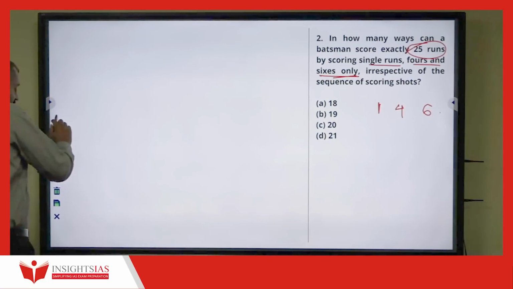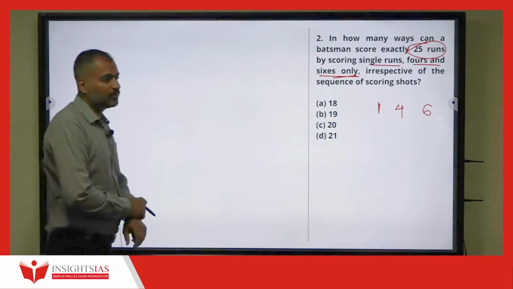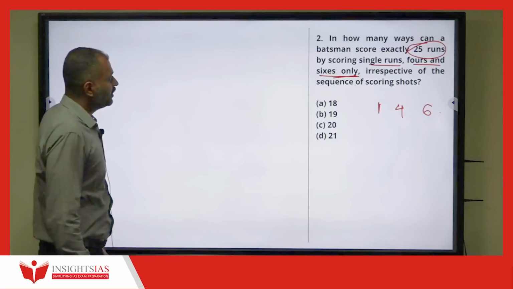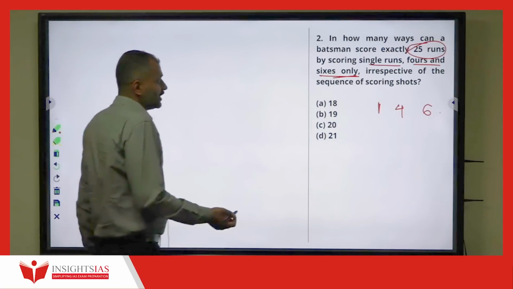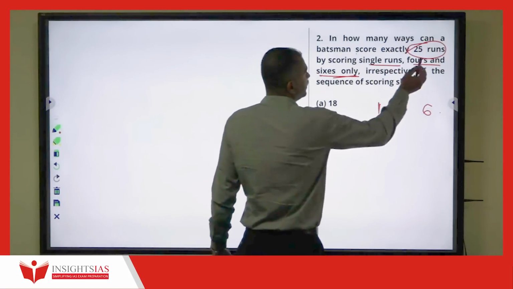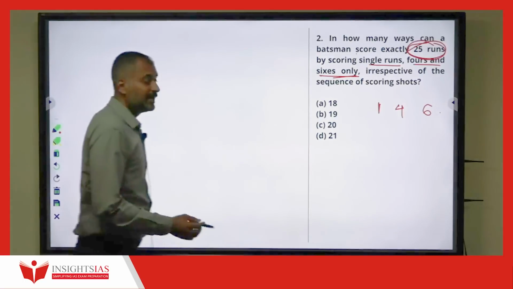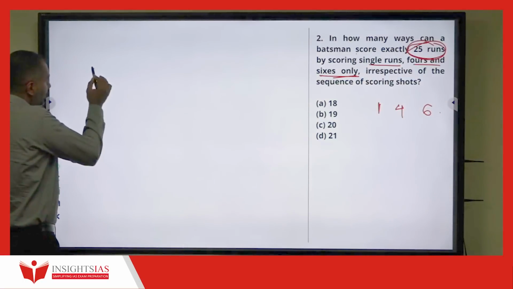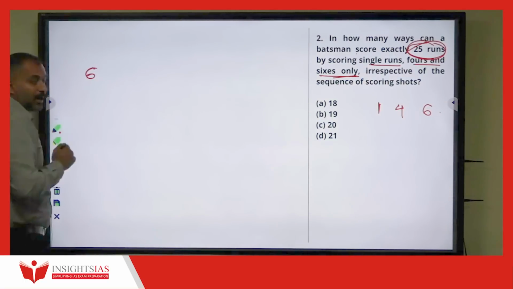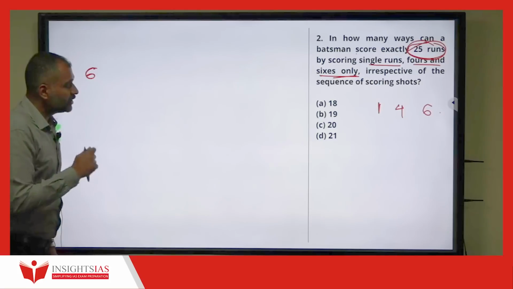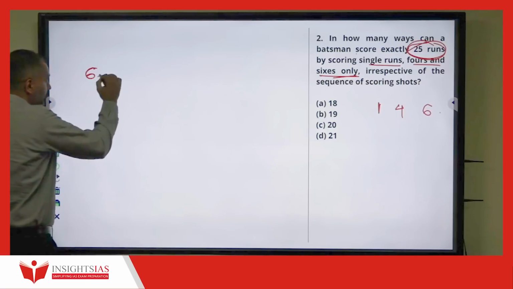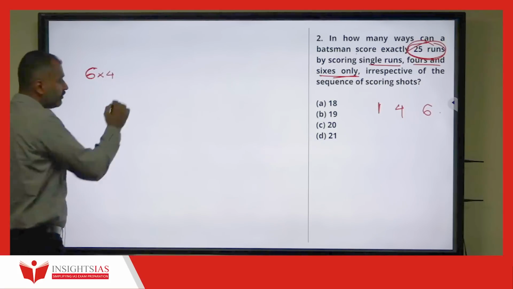A very similar denomination question was asked earlier, in 2016 or 17 somewhere. 1, 4, 6. The sum of these has to be 25 runs. Let's take a combination of 6 and 1s. How many 6s should I hit so that I can make 25? Closely it is 6 into 4 plus a single.